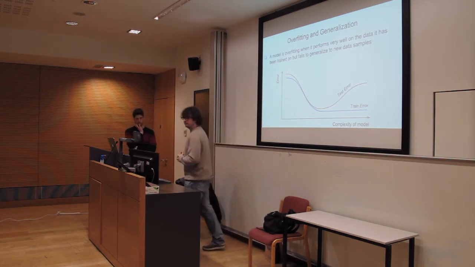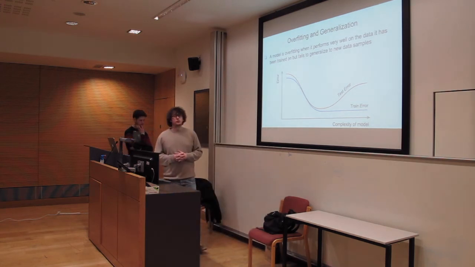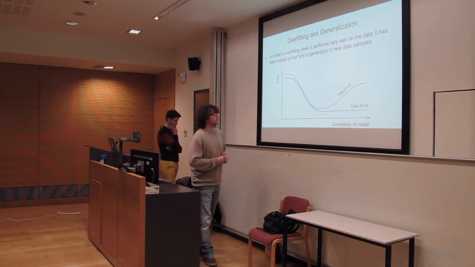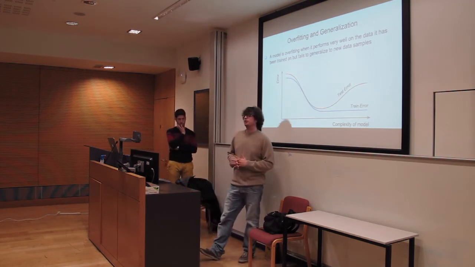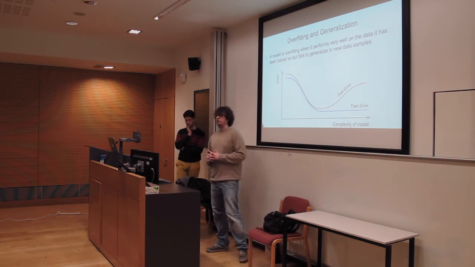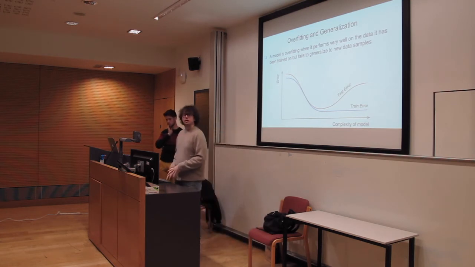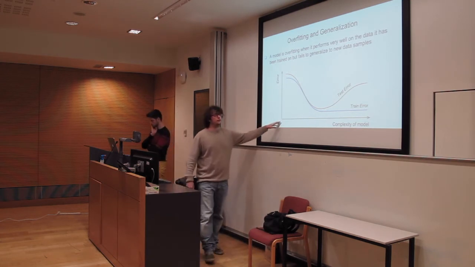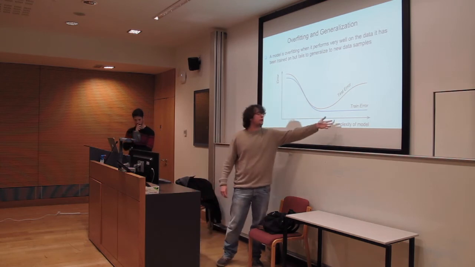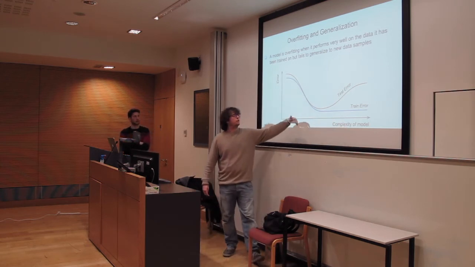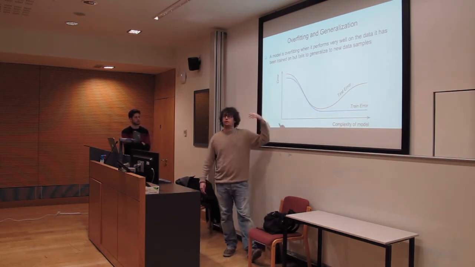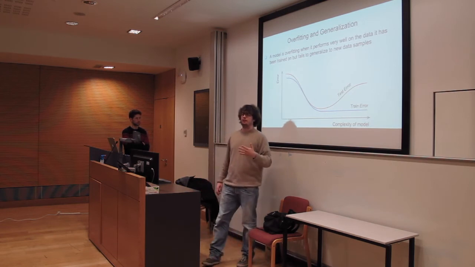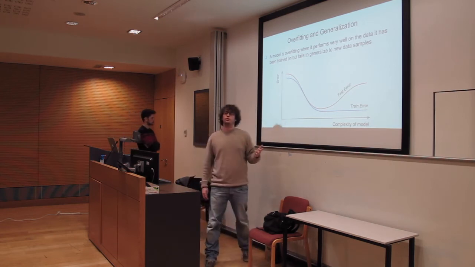One major issue which needs to be addressed is overfitting. When we discussed supervised learning, we said that the more complex and powerful the model you're using, the more you are at risk of overfitting to your data points and failing to generalize to new data points.